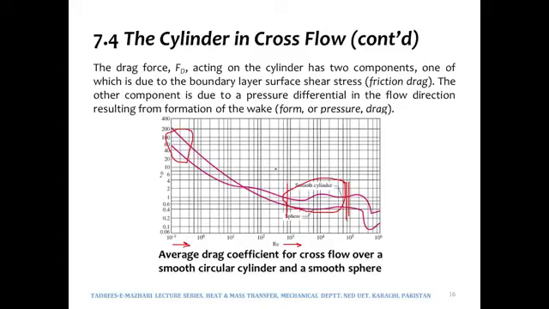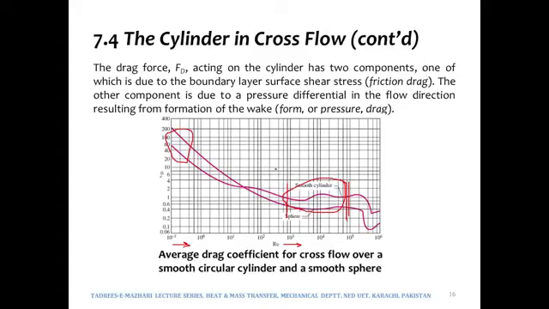So we may consider it as relatively constant. Right, so the coefficient of drag is relatively constant in this particular region where Reynolds number varies from 1000 to about 1 exponent 5.